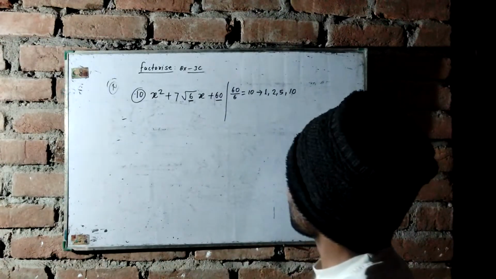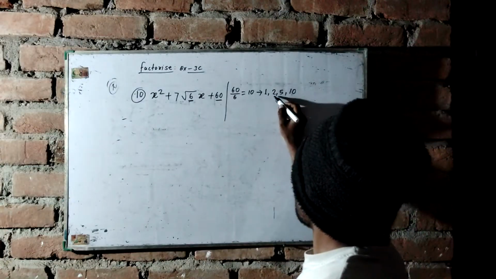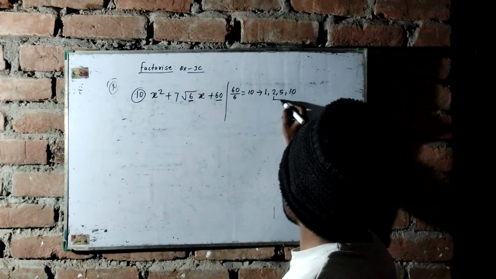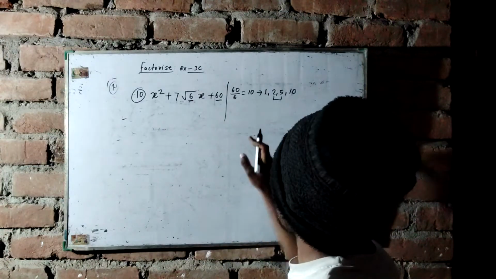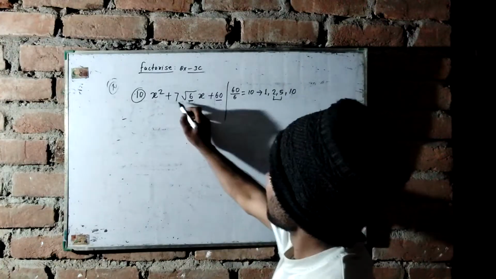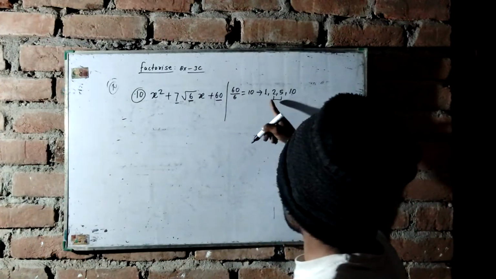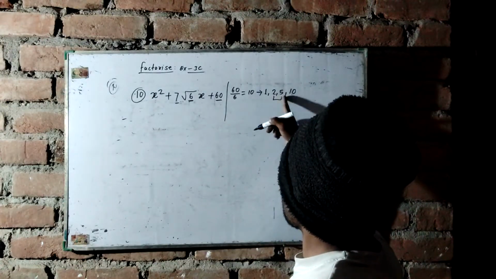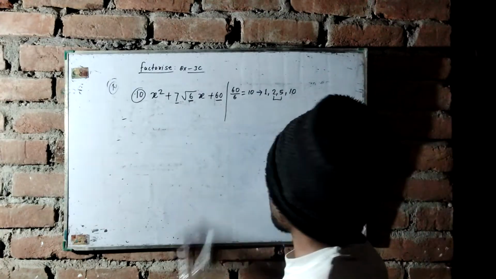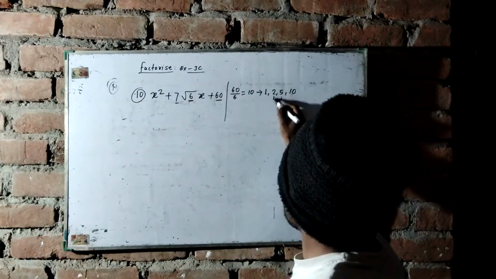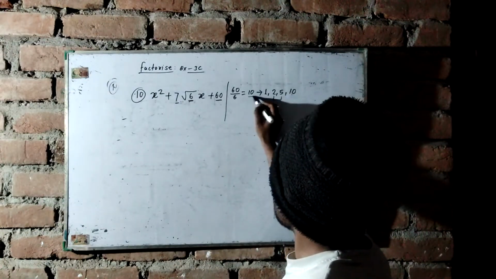So we can consider here 2 and 5, and also whose sum will be 7. So we can see 2 plus 5 is 7 and whose product will be 10.